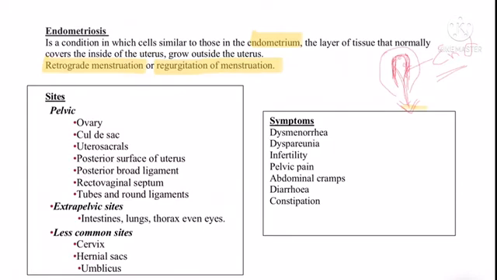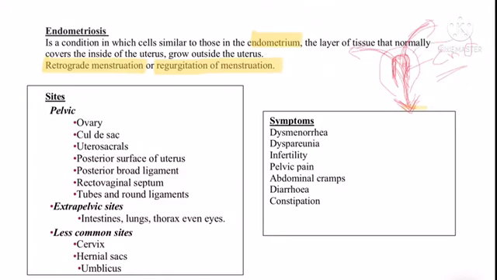Sometimes the flow becomes reversed. There is a retrograde flow of the menstruation, or antegrade and retrograde, or only retrograde. You just need to remember that in endometriosis the main pathophysiology is the retrograde flow of the menstruation.